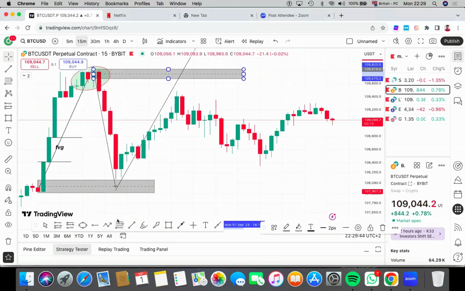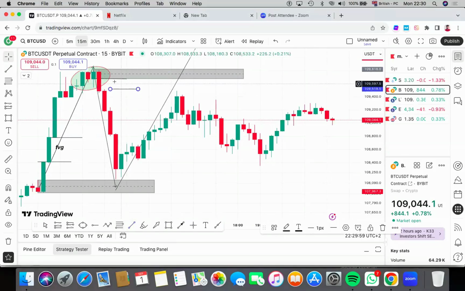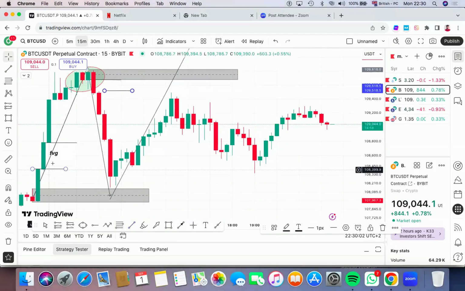And if I should draw my trend line, you can see there's a gap here. Okay. So the last bearish candle in an uptrend, the last bullish candle in a downtrend, that is your order block. Do you understand now?